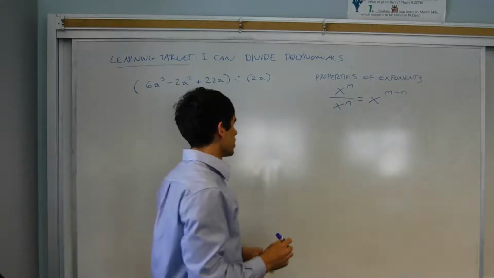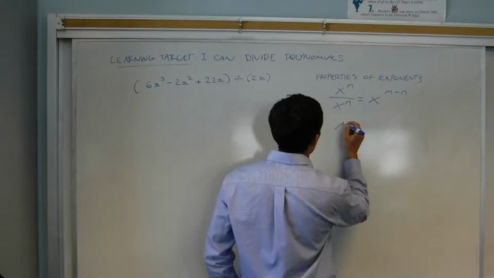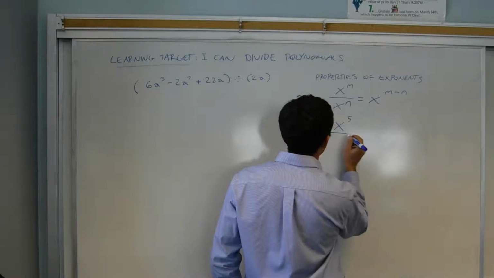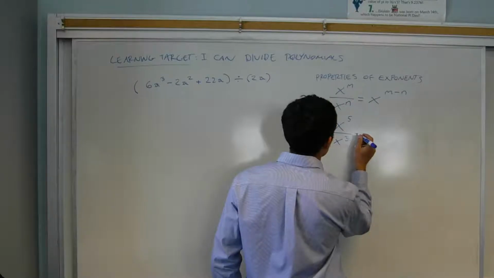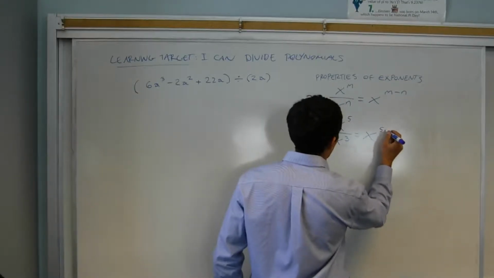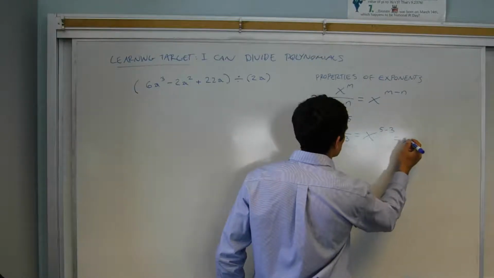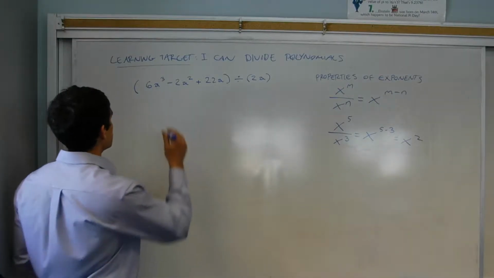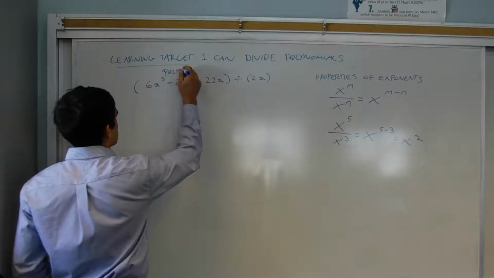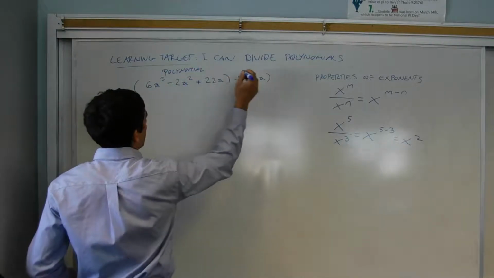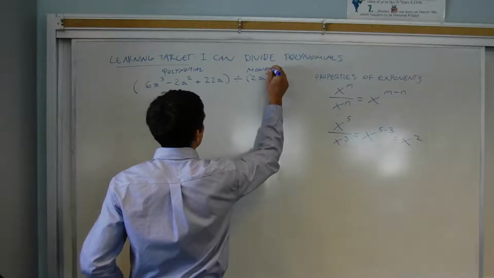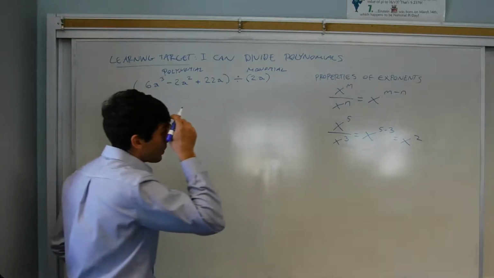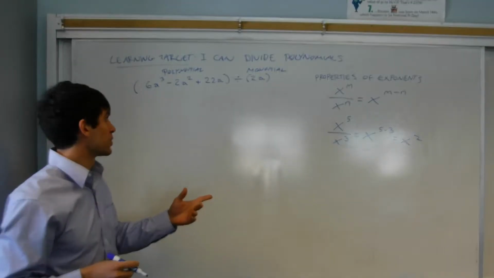So just a really quick and easy example of that would be x to the fifth divided by x to the third is equal to x to the 5 minus 3 power, which is equal to x squared. So when we're dividing a polynomial, which this is our polynomial, by a monomial, we're just going to apply this property of exponents.